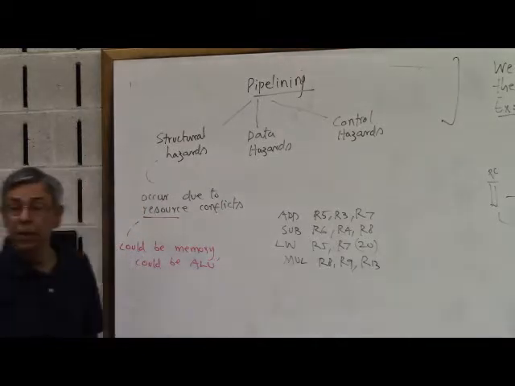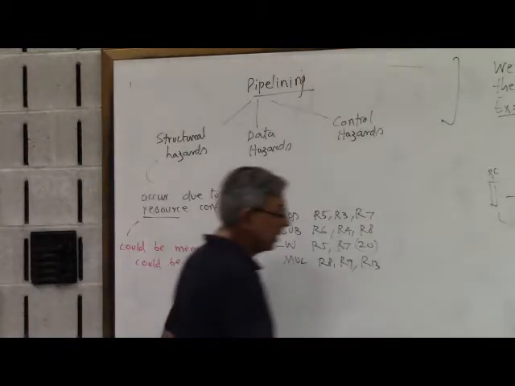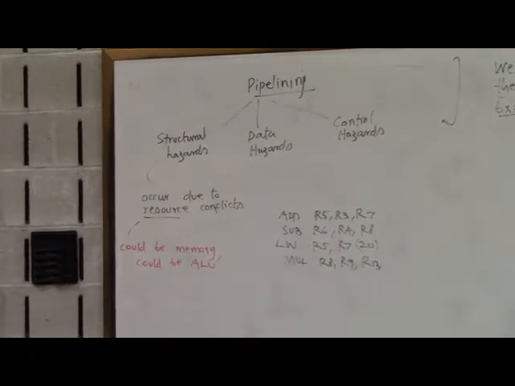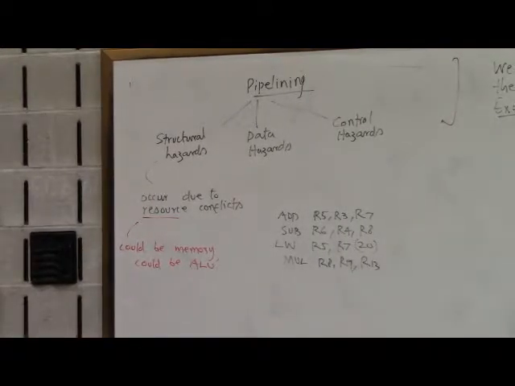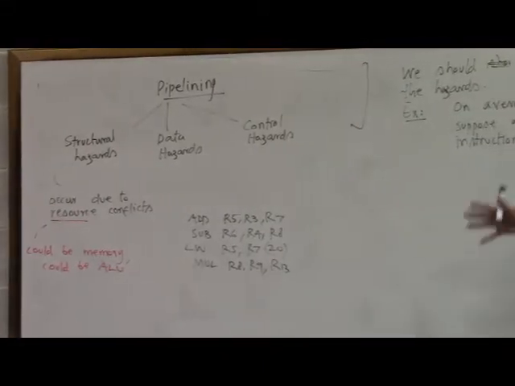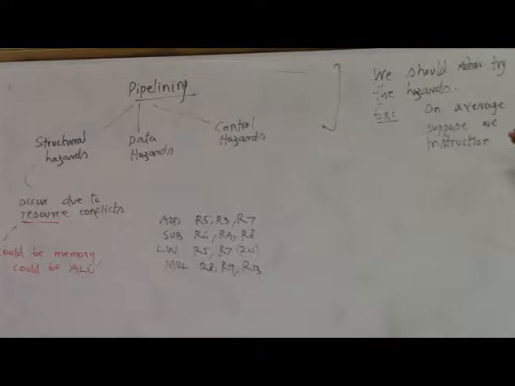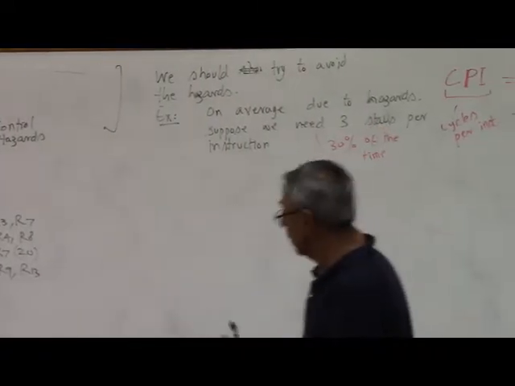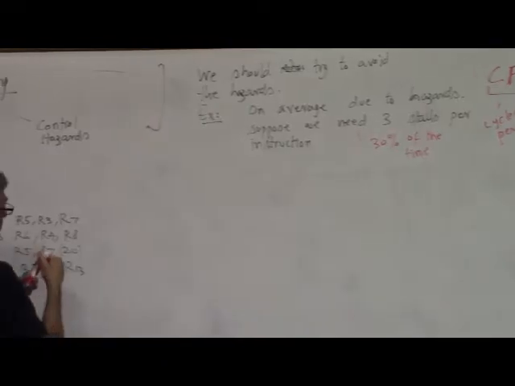Will we have a problem in executing these instructions? If we run into any hazard, how will we solve that? As you will see, we'll provide more hardware so that we don't have to stall. We have to try to avoid the stall. That's the key idea.